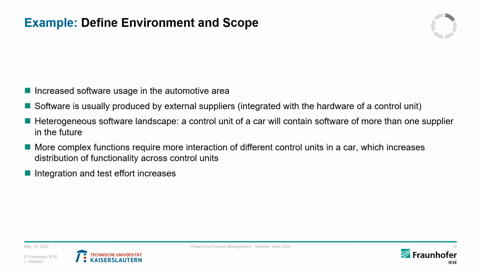So the complexity of these control units is also continuously increasing, and the effort of putting them together is quite high, especially in testing the integrated functionality. So that's the general scope in which we work here.